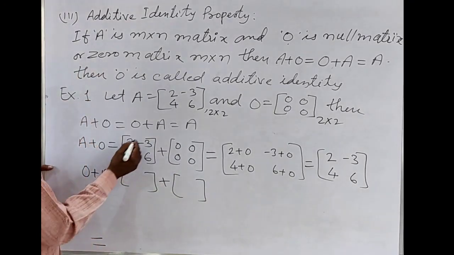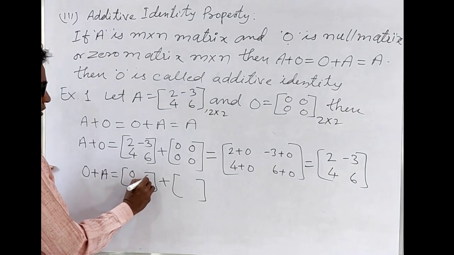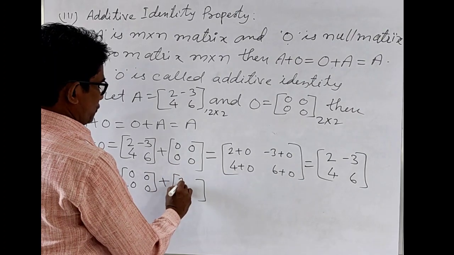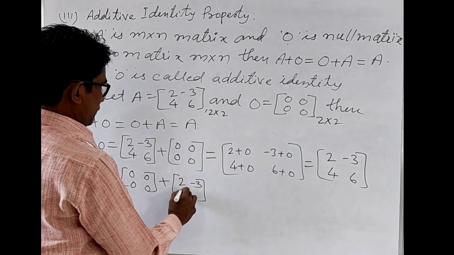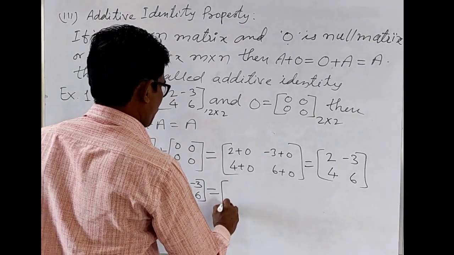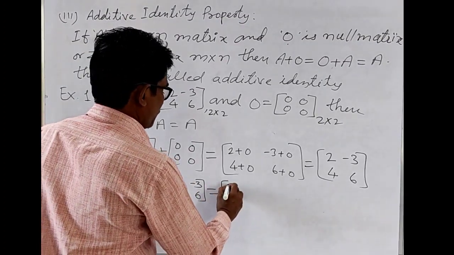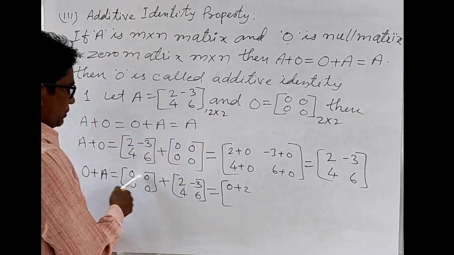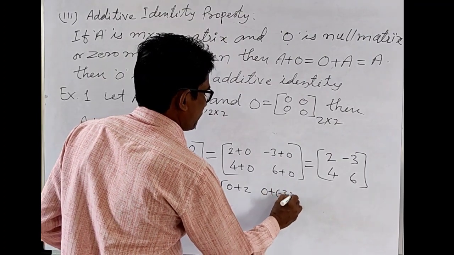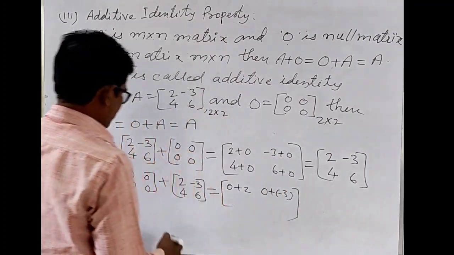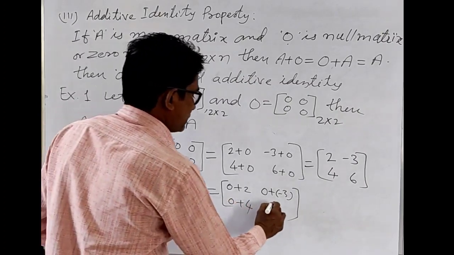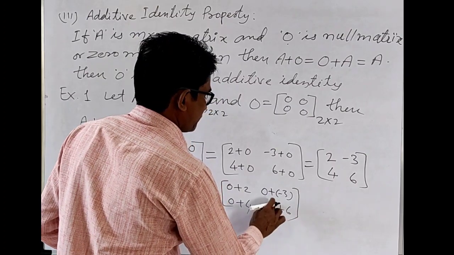So elements of O matrix are 0 0 0 0 and A matrix 2 minus 3 4 6, which is equal to 0 plus 2, 0 plus minus 3, 0 plus 4 and 0 plus 6.